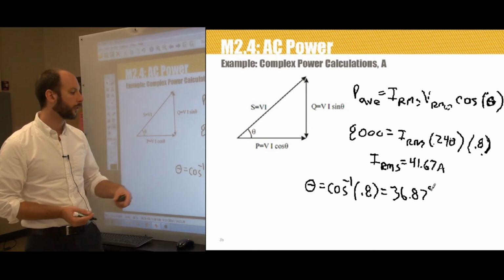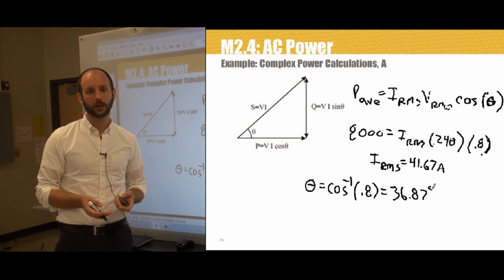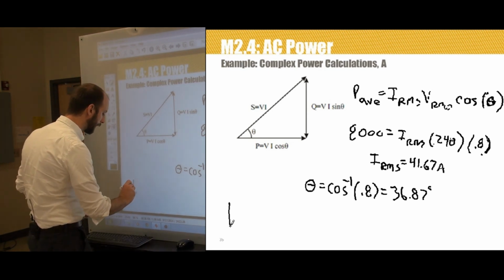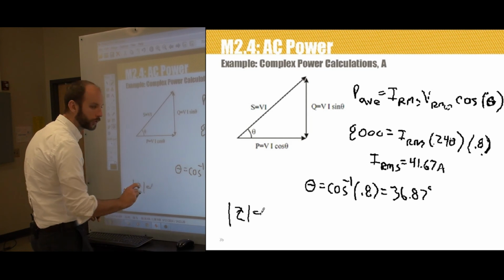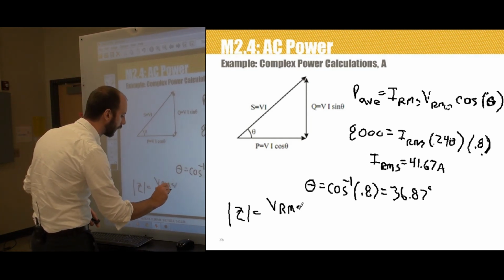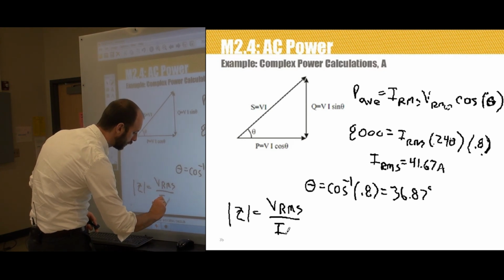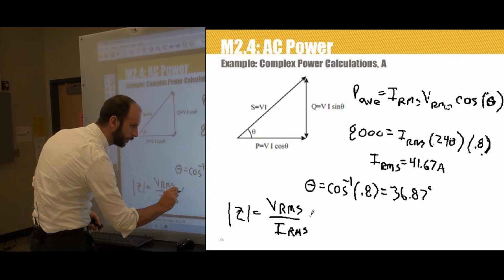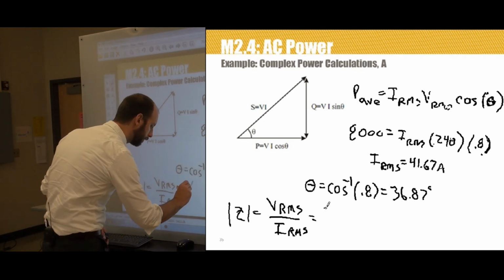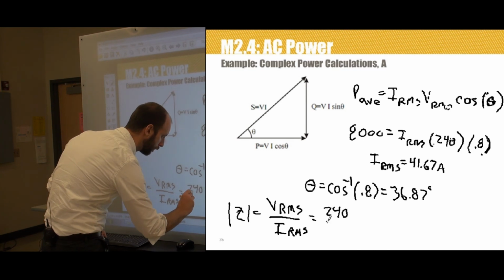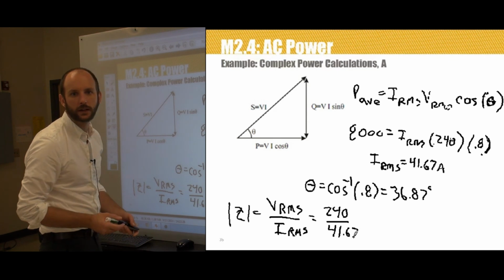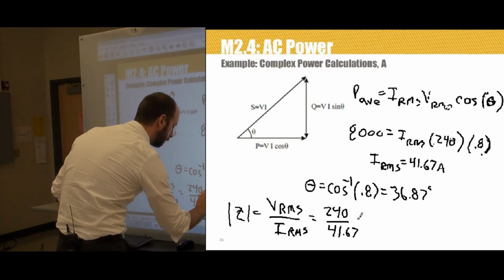So the magnitude of the load impedance can be calculated using the RMS values for voltage and current. We get the magnitude of Z is just equal to V RMS over I RMS. So that's 240 volts divided by 41.67. That gives us a value of 5.76.